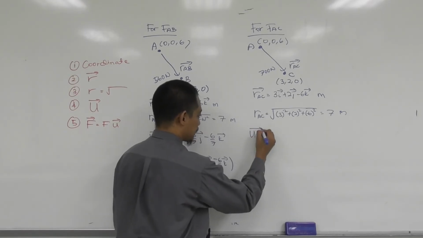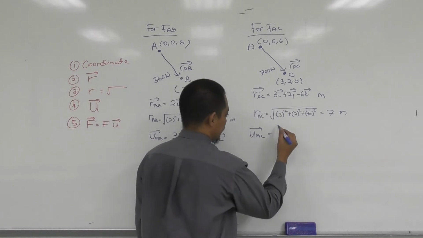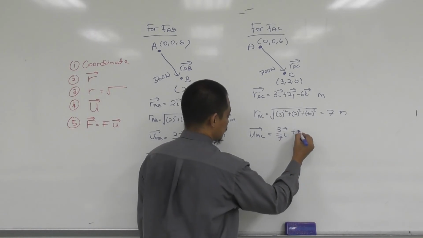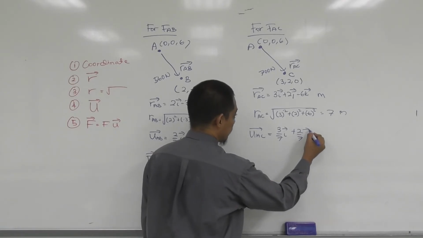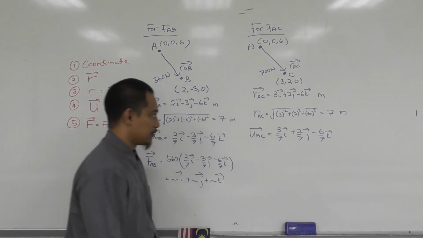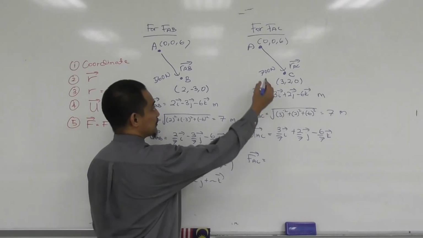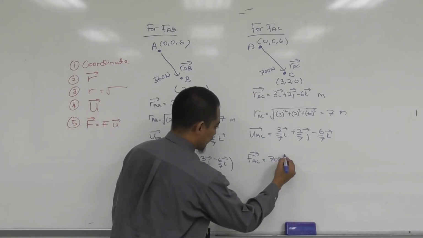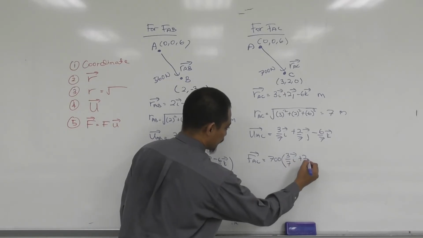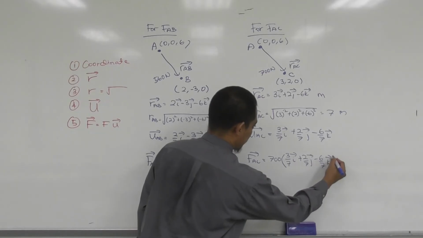UAC: the RAC vector divided by the RAC magnitude, so it becomes 3 over 7 i plus 2 over 7 j minus 6 over 7 k. And then FAC is just 700 Newton multiplied by this 3 over 7 i plus 2 over 7 j minus 6 over 7 k.